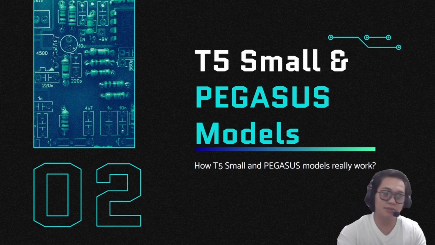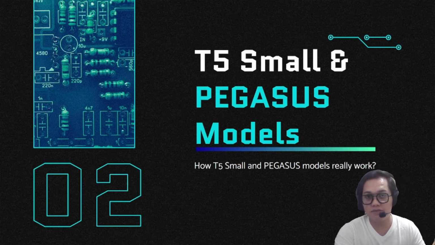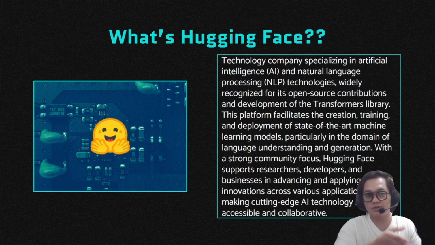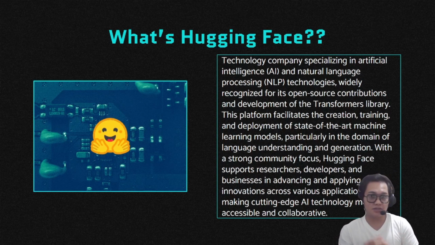Well, it's about the number two, where we talk about the T5 small and Pegasus models. Before we go into that, we have to know what Hugging Face is. Hugging Face is a technology company specializing in artificial intelligence and natural language processing, or NLP, technologies, widely recognized for its open source contributions and development of the Transformers library.